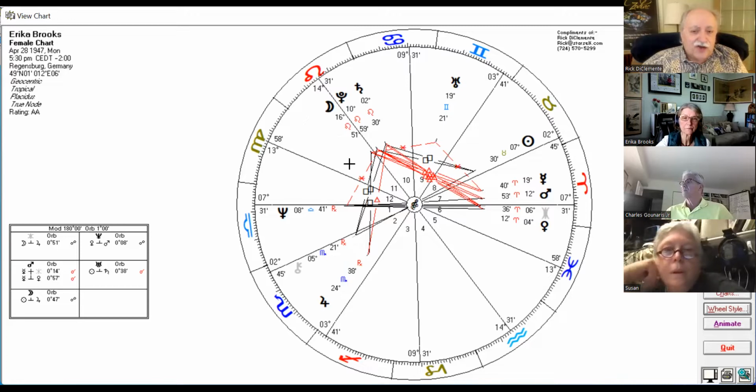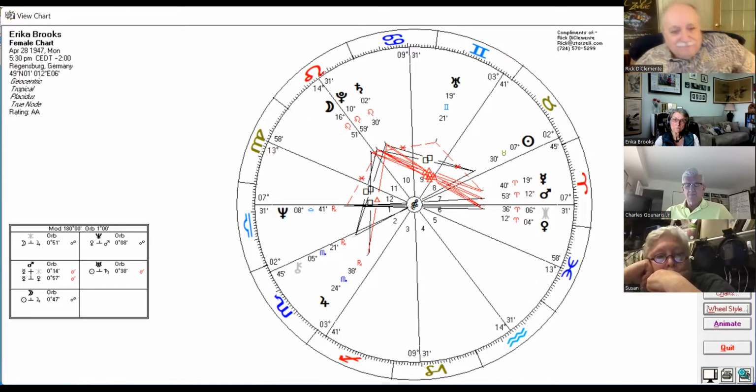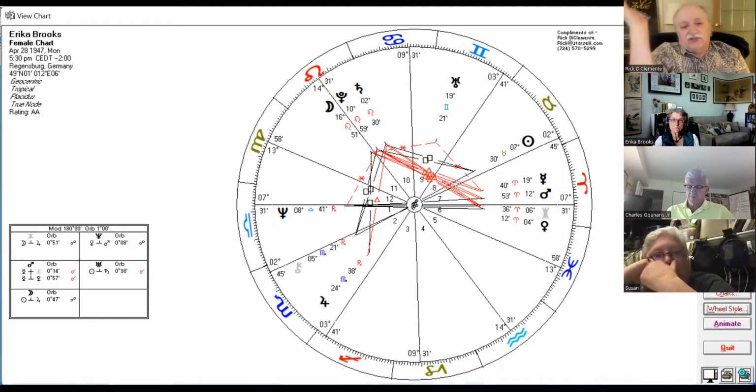Now, those house divisions are divisions by time and space. Because when you were born, we know that the earth is tilted by 23 and a half degrees. So sometimes in the summer, the earth is tilted way towards the sun, other times it's tilted away.